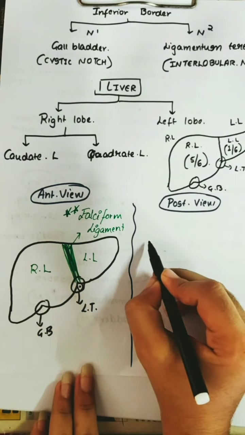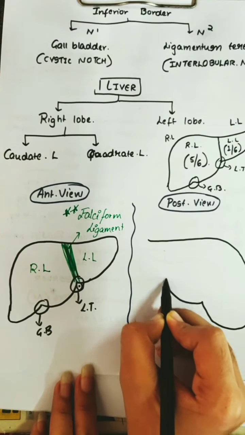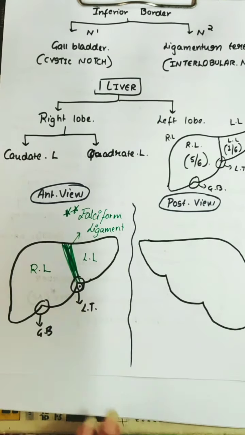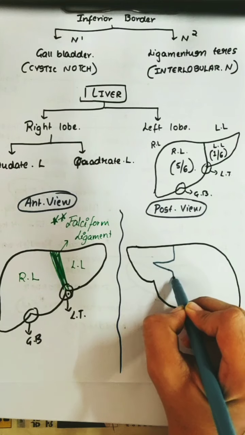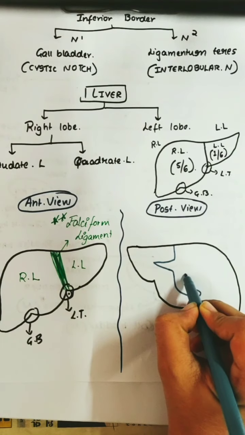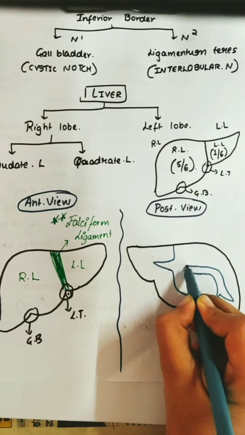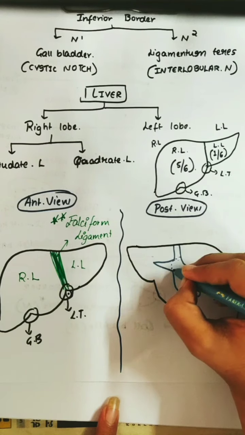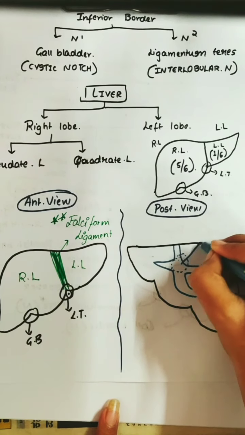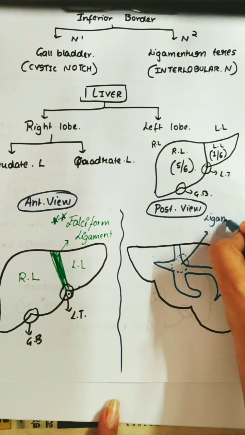Now we look at the posterior view of the liver. This will be opposite. So if this is the posterior view of the liver, there are 2 triangular ligaments. I'll explain it briefly. This part is called the ligamentum venosum.